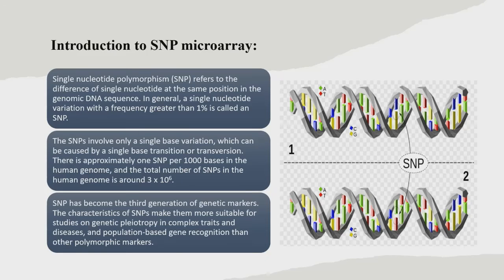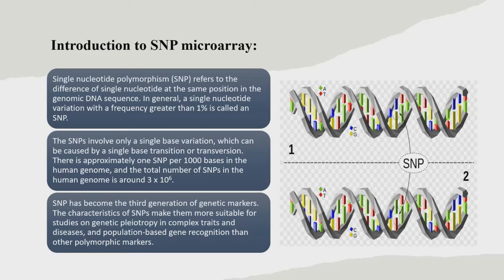My name is Soujit. I would like to talk about SNP microarray. SNP means single nucleotide polymorphism. It refers to a single nucleotide difference at the same position in a genomic DNA sequence.